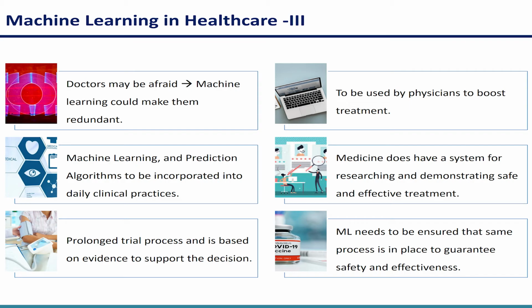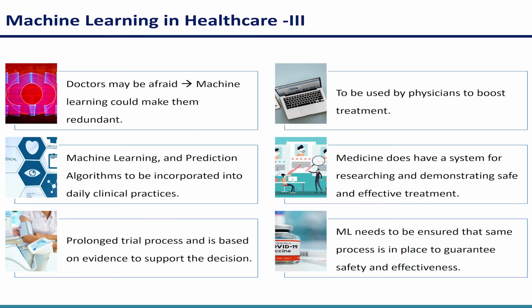They have a prolonged trial process based on evidence to support the decisions. The evidence shows, for example, that this data and that data have some differences or issues, and based on that evidence, the prolonged trial process supports and helps the decisions taken by the doctors.